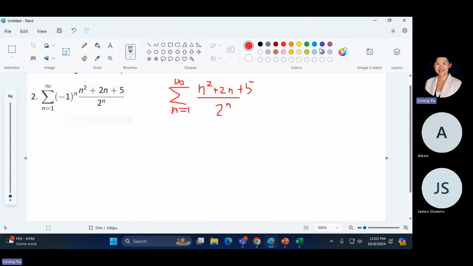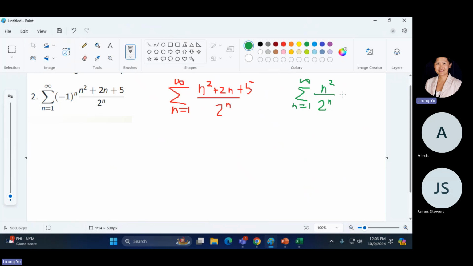This is comparable to the summation of n squared over 2 to the n, because in the numerator, when n goes to infinity, the main component is n squared, right? Since they are comparable, if this one converges, this one converges, and therefore that one will converge absolutely.